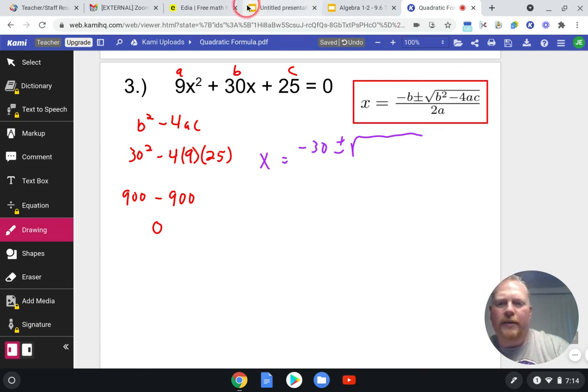I've already done b squared minus 4ac. I know the answer to that comes out to be 0. So I'm just going to take that same 0 from over there and plug it in. And then all of that is over 2 times 9.